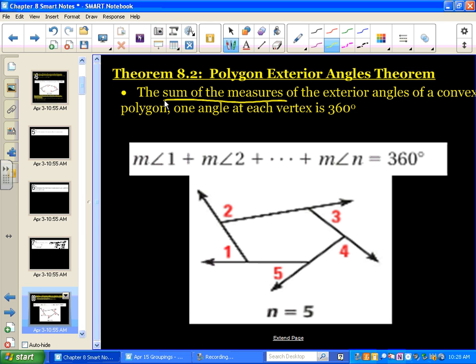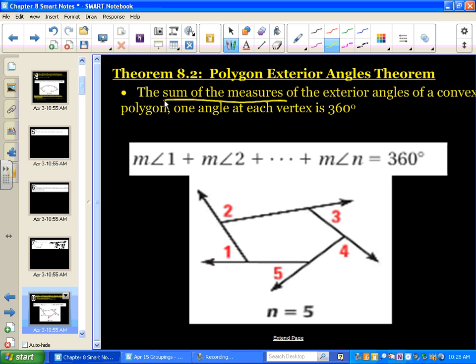This takes us back to chapter 4. Kellen, what's an exterior angle? Okay, it's adjacent to the interior. Good. What is it with the interior? Killian. It's a linear pair with the interior.